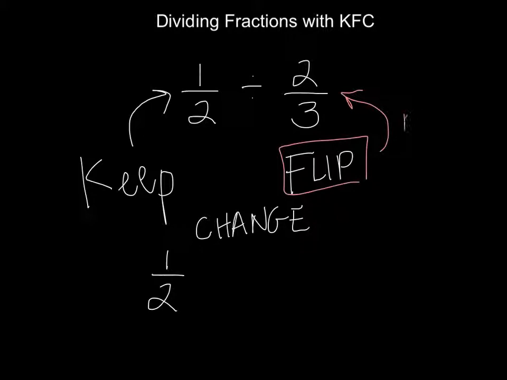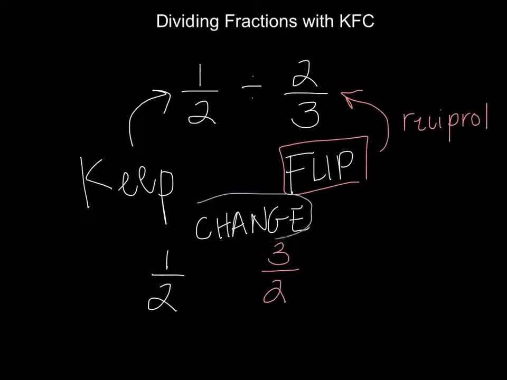This is called the reciprocal, and it basically is the opposite or the inverse of 2/3. So if I flip 2/3, I now have 3 on the top and 2 on the bottom.